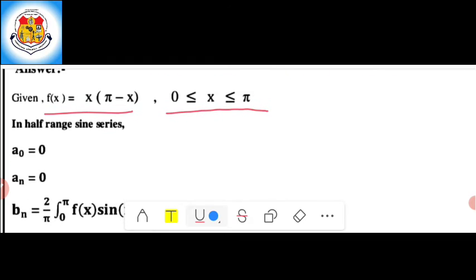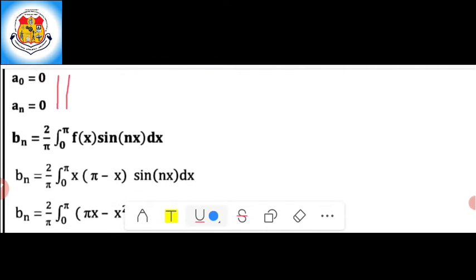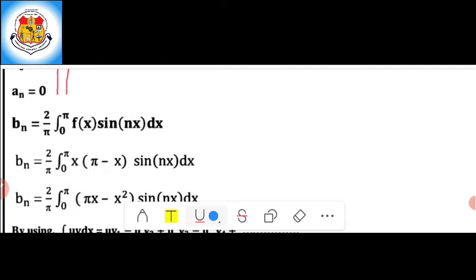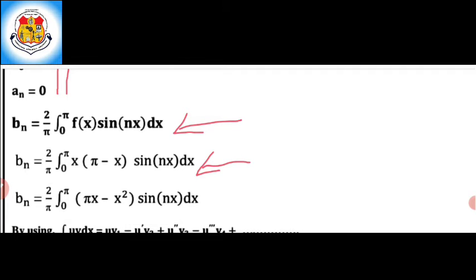We know that in the half-range sine series, the Fourier coefficients a0 and an are always 0. Now we find the Fourier coefficient bn, which is bn = (2/π) ∫ from 0 to π of f(x) sin nx dx. In the next step, we substitute the function f(x).